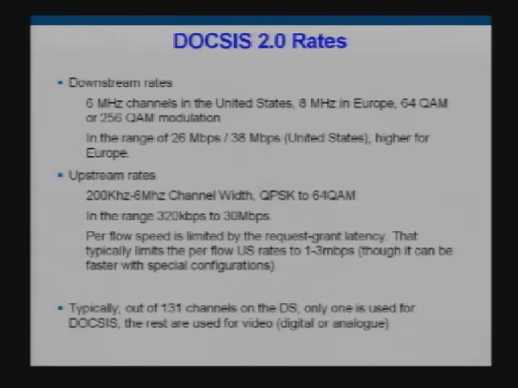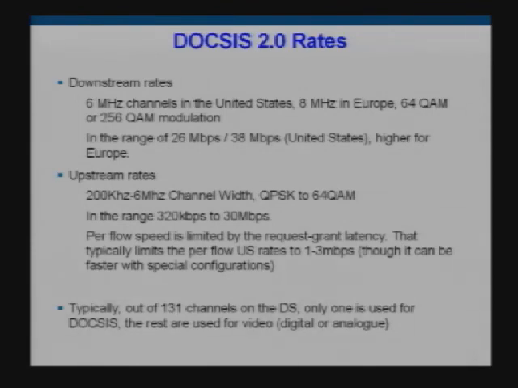But today most of the MSOs are implementing 256 QAM because their plants are capable of supporting it. With 256 QAM modulation, they get a throughput of approximately 38 Mbps in the downstream direction for a single downstream channel.